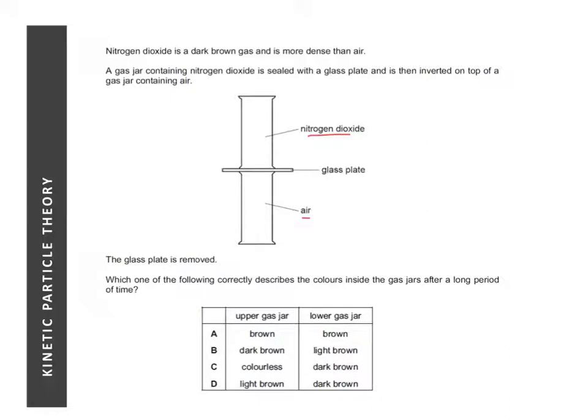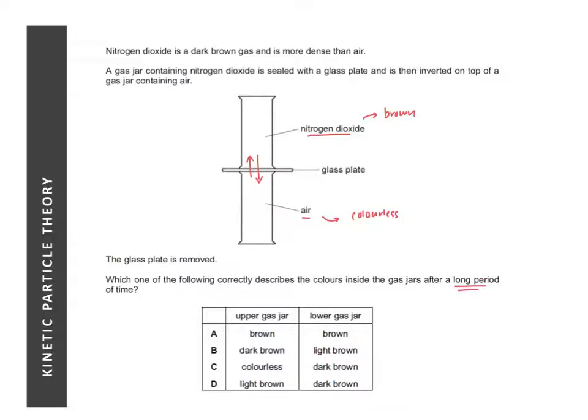Why would there be any observation in the first place? It is because nitrogen dioxide is a brown gas, while air is essentially colorless. So if we remove the glass plate, nitrogen dioxide can now diffuse downwards and air can diffuse upwards. What would we observe if diffusion occurs for a long period of time?